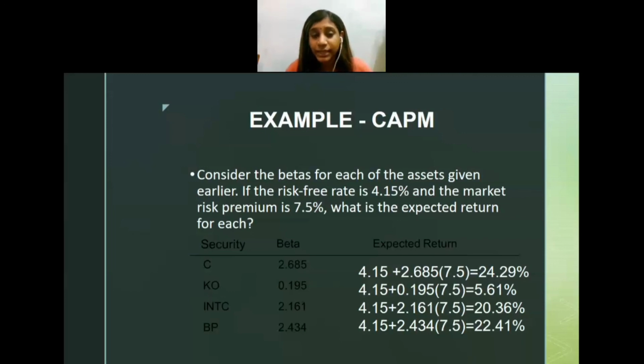How do we calculate the market risk premium? It is the expected return minus the risk-free rate. When you calculate it, you will get 24.2875. When you convert it to 2 decimal points, the answer will be 24.29%. The following are calculated with the same method. You can calculate directly to get the answer.